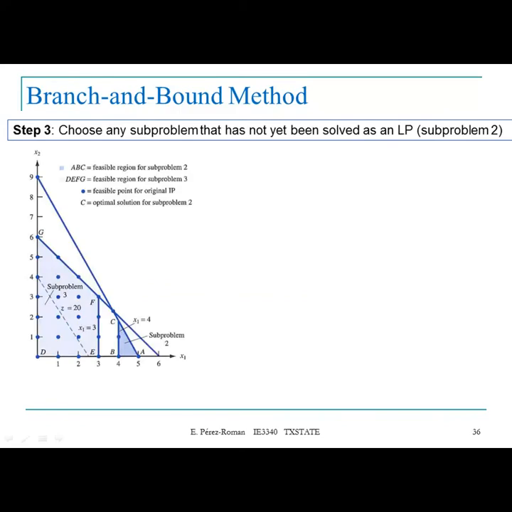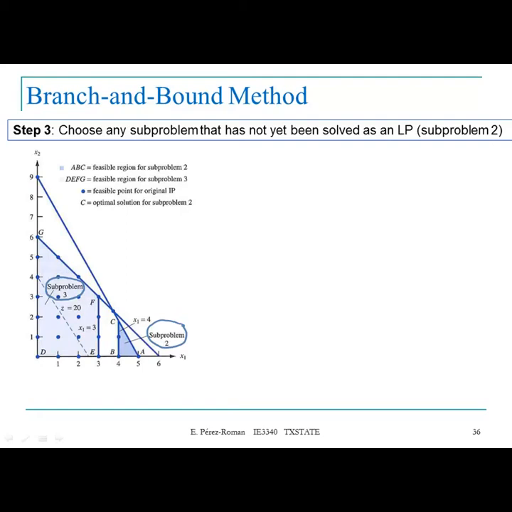So step 3, choose any subproblem that has not yet been solved as an LP. We're going to choose any of the two. This is subproblem 3 and this is subproblem number 2. You can see the names here.